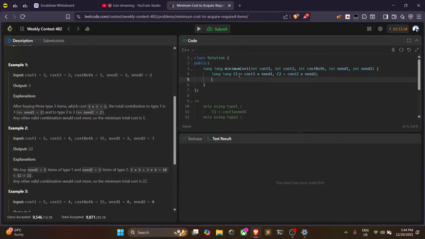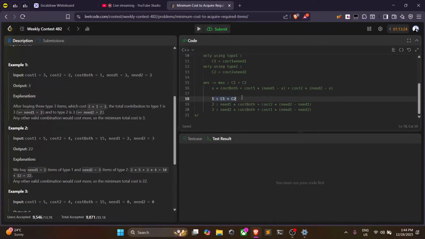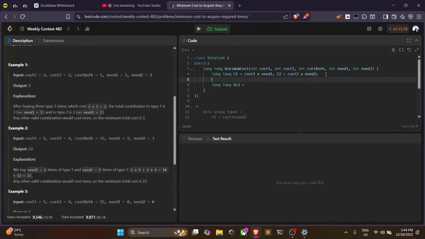Let's call this scenario 1: need 1 into cost both plus cost 2 into max of 0, comma, need 2 minus need 1.